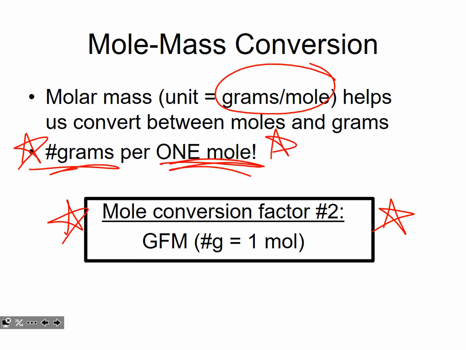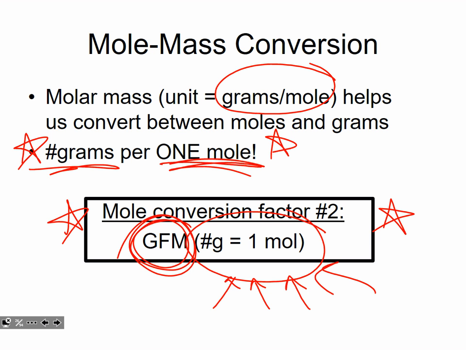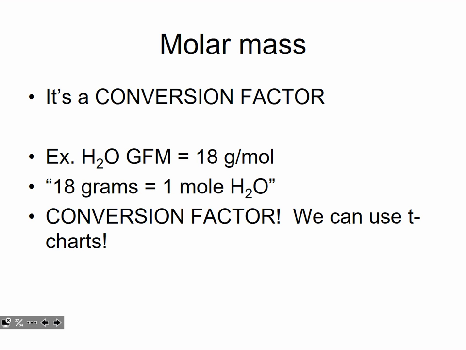So if you have a question that's asking for grams and it gives you moles, we are going to use the gram formula mass of that compound, because it tells you the number of grams that are in 1 mole of that particular substance. So it's a conversion factor.